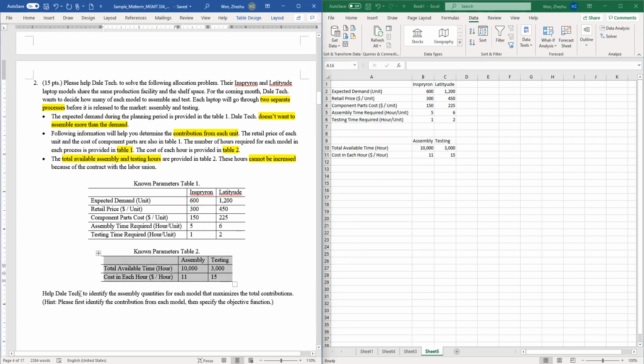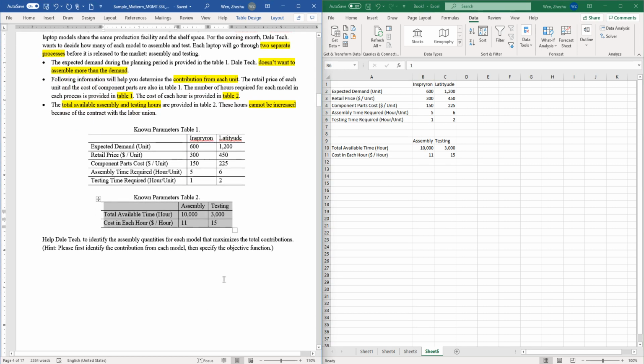Help Dell identify the assembly quantities for each model that maximize the total contribution. Assume the demand information has already been passed down from the marketing department, so the operations department no longer needs to worry about the demand.